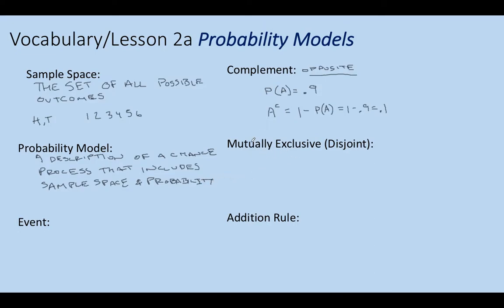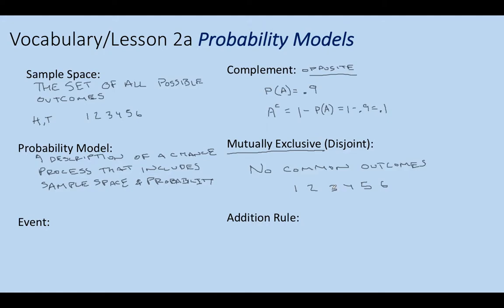Okay, so the next big thing, and this is probably the heart of today's lesson, is mutually exclusive events. Disjoint events would be a synonym for that. And basically, we're talking about no common outcomes. So maybe you think of it like this. If I was rolling a dice, and here's my sample space, 1, 2, 3, 4, 5, 6, and I said, what's the probability of getting a 3 or an even number?